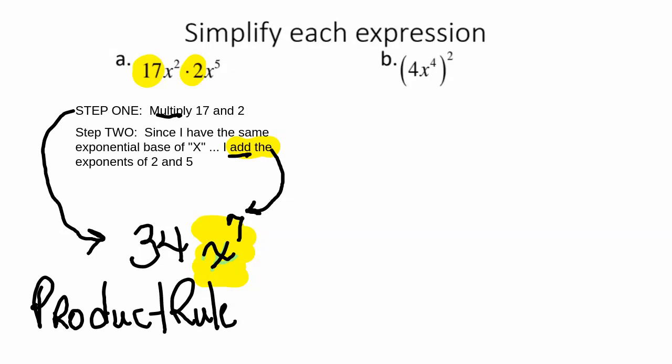Now this one, you got to be careful with this one. This has a 2 outside of parentheses, and right inside the parentheses is a 4. First off, you have to know that this 4 has a power of 1. I don't write that 1, but it's understood.